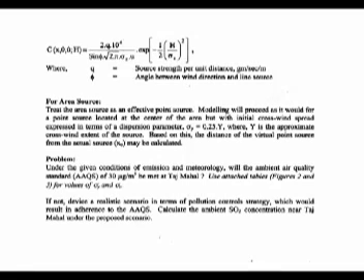The area source can be an effective point source. Modeling will proceed as it would for a point source located at the center of the area, but with the initial crosswind spread, sigma y, in terms of the dispersion parameter, as 0.25.